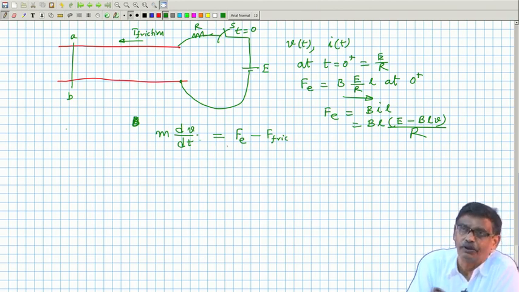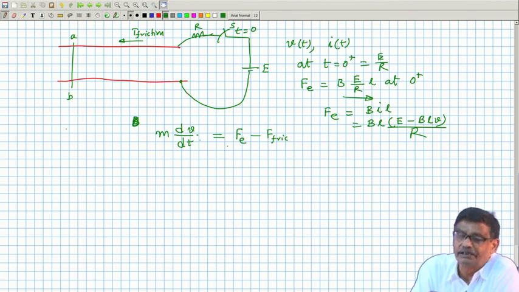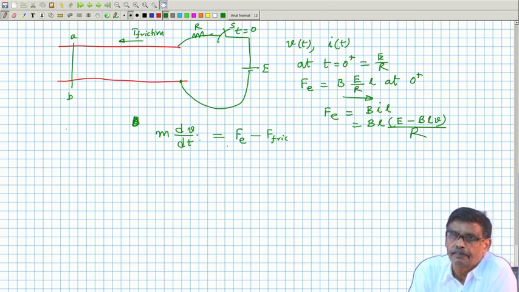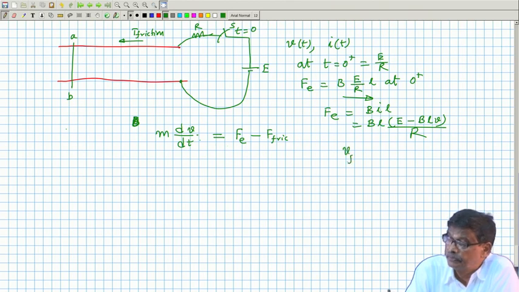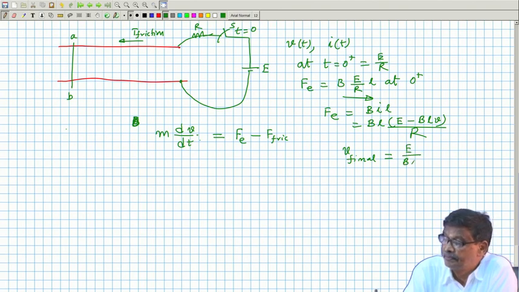I am not going to solve it, but physically I am telling you what is going to happen to the final velocity and current. Do you think the final velocity will be equal to still E by B L?